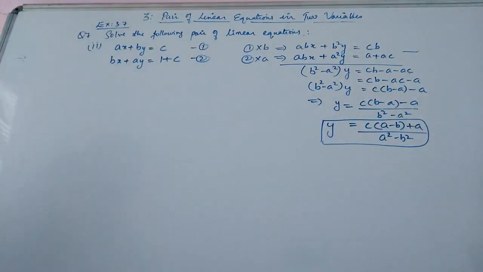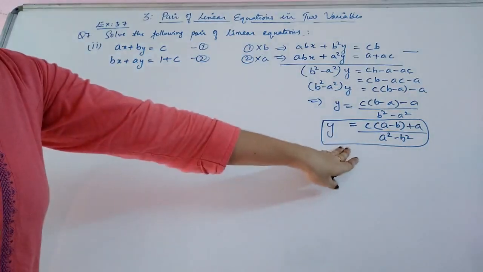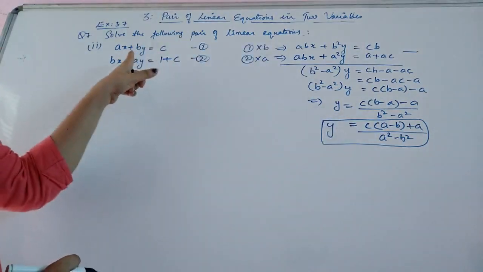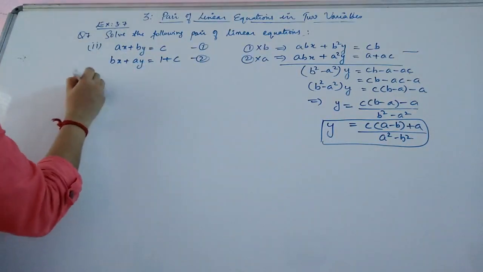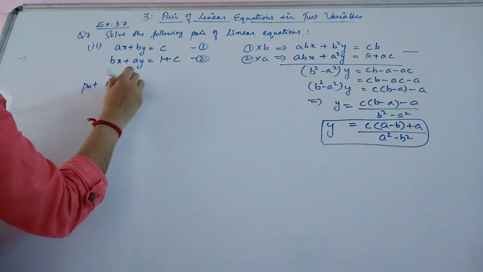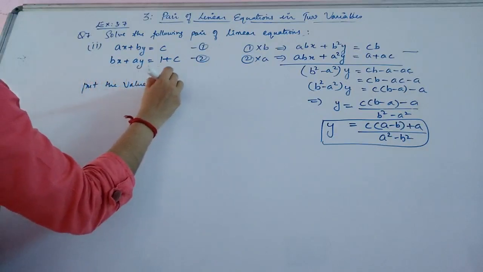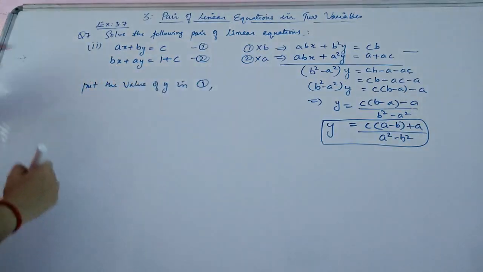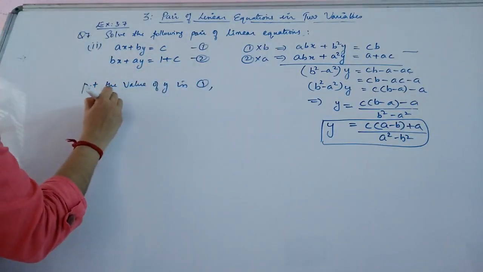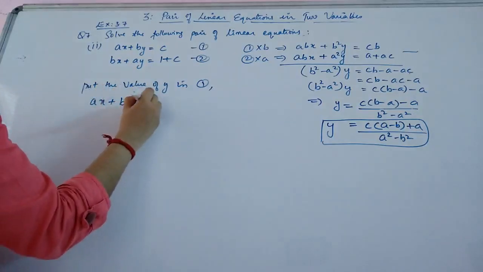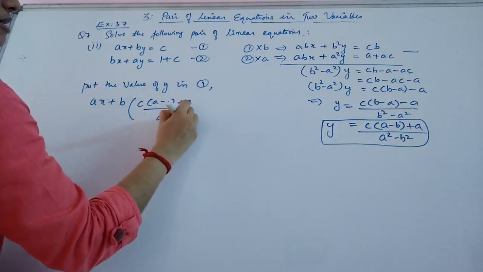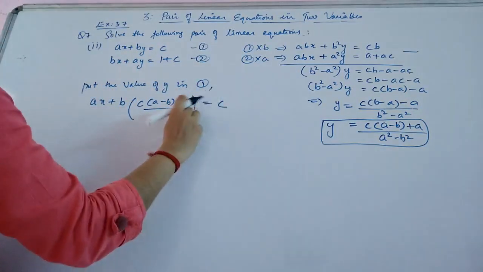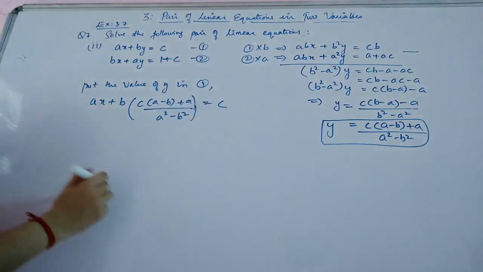Now we are using this value to find out what x is equal to in any of the equations. Suppose you are substituting the value of y in equation number 1. 1 is ax plus by, y is c into a minus b plus a divided by a square minus b square, is equal to c, right?